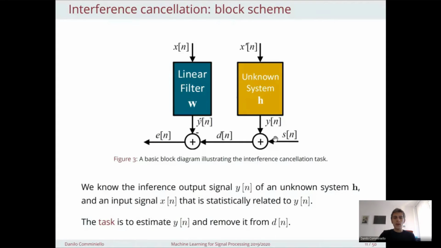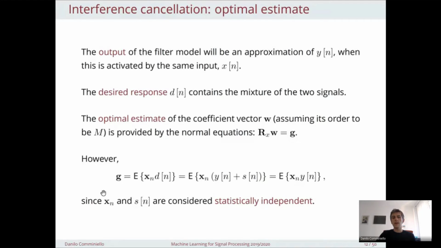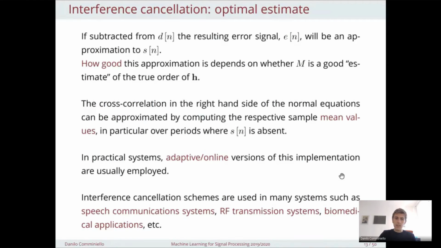If you consider the normal equation, the cross correlation with the response can be approximated by the mean value of the multiplication between the input and the output, because if you take this multiplication you get zero, since x is independent of this signal s, which is the same assumption that we saw in the previous example.